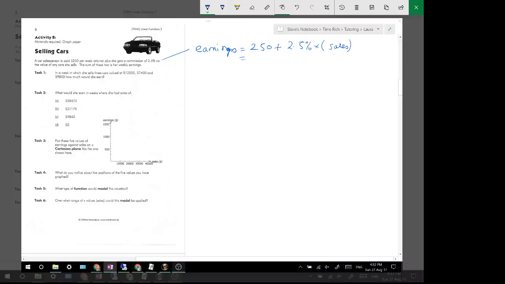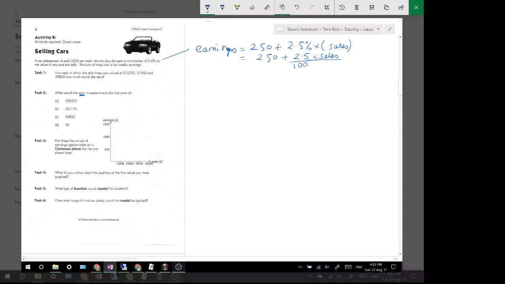Just to make that a little bit easier to work out later, 2.5% is 2.5 out of 100 per cent. Cent means 100, so 2.5 out of 100, and we just pull out of there times sales. So that's the formula.